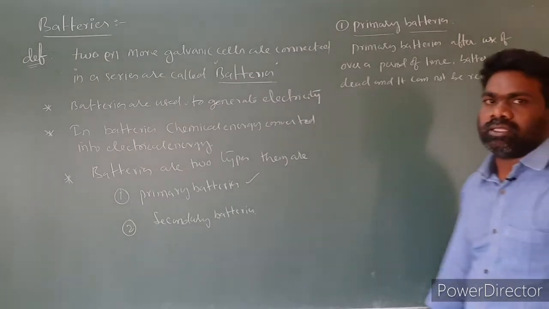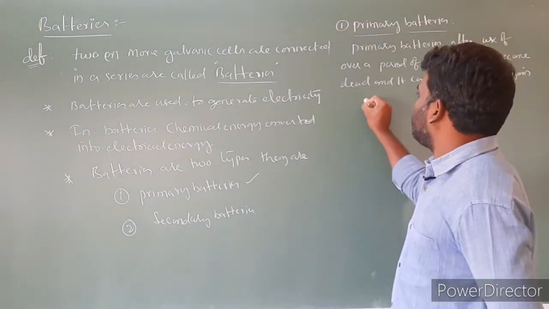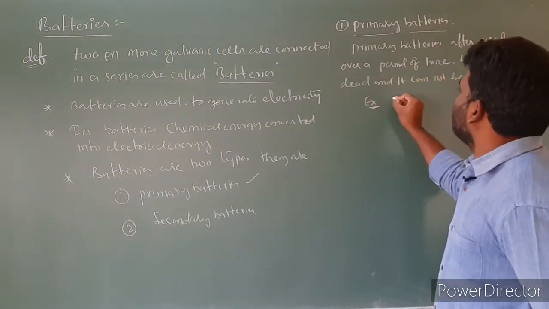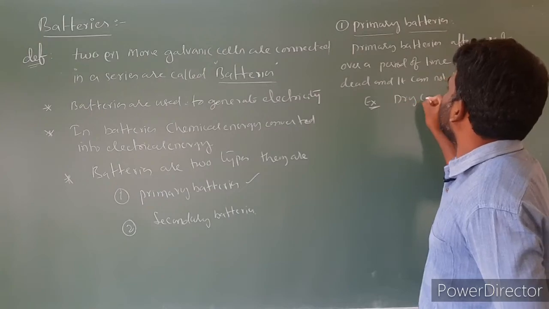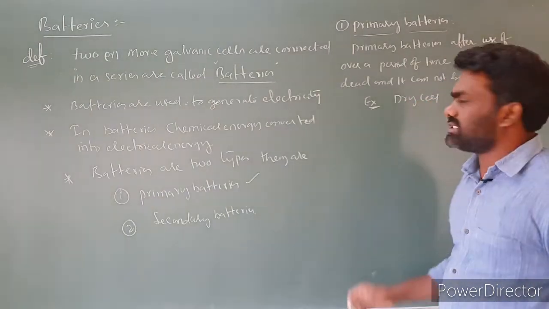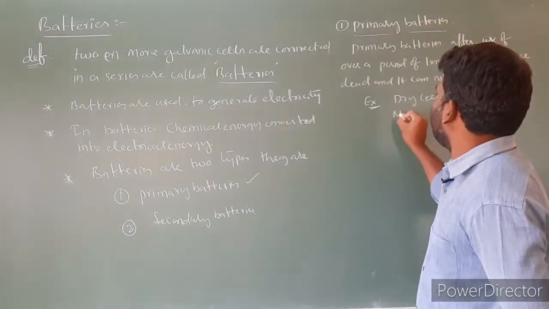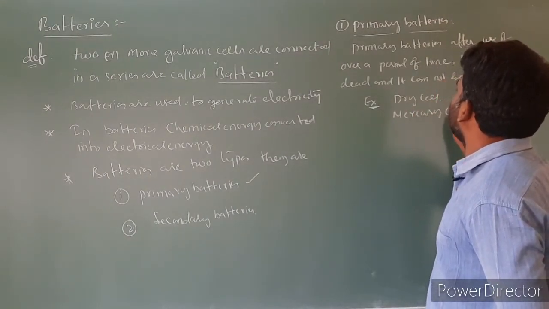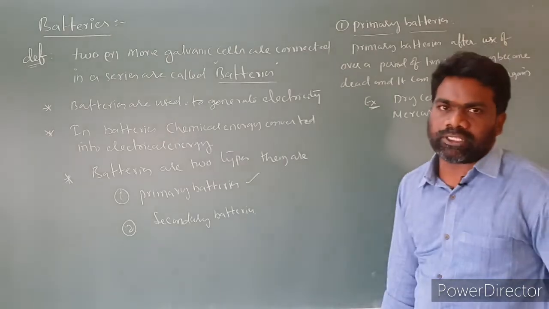Examples for primary batteries: the dry cell and the mercury cell.